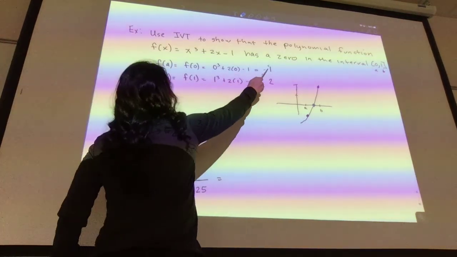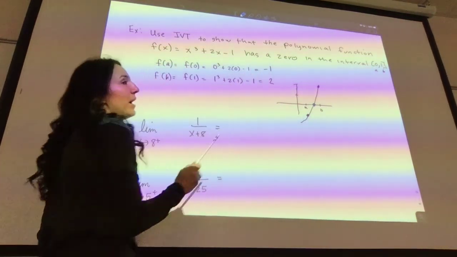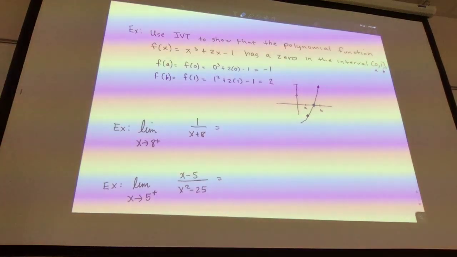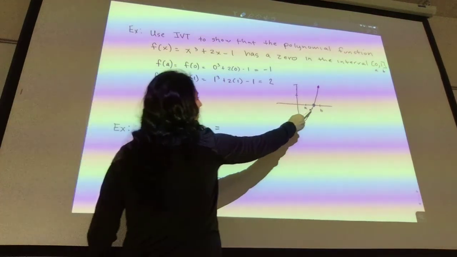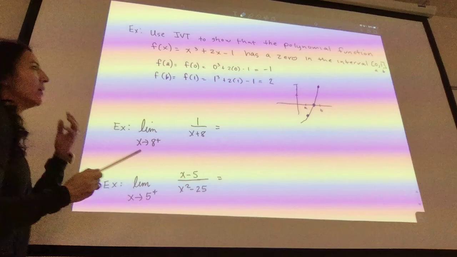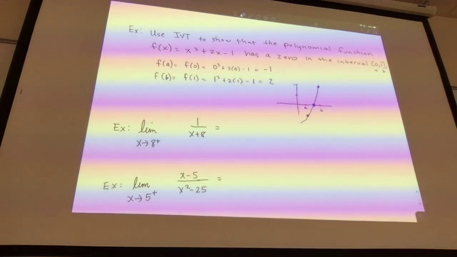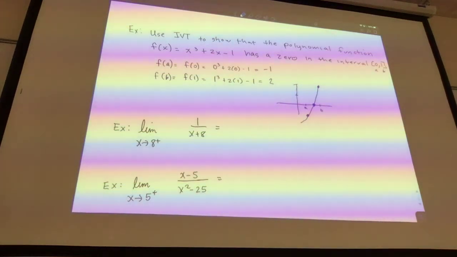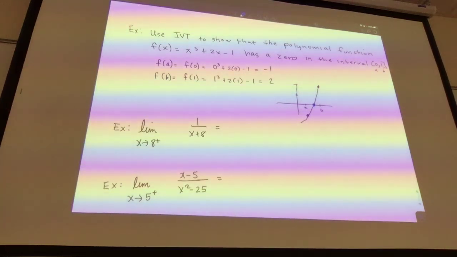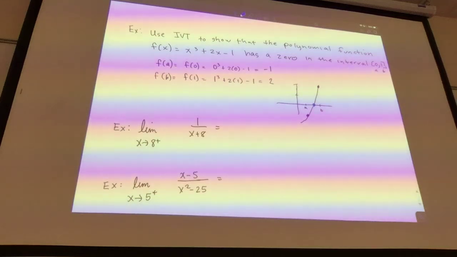If this goes from negative to positive or from positive to negative, you know there has to be a 0. It had to cross the x-axis at some point. Now, what if we had f of a was -5 and f of b was -8? You would say no 0, only because of the sign change. So f of a and f of b, with intermediate value theorem in mind, tells us that kind of information. All right?